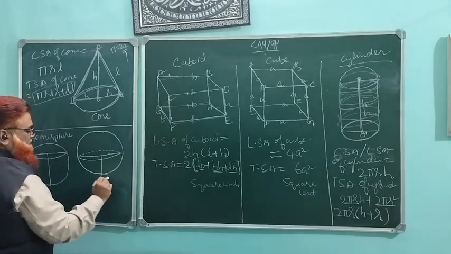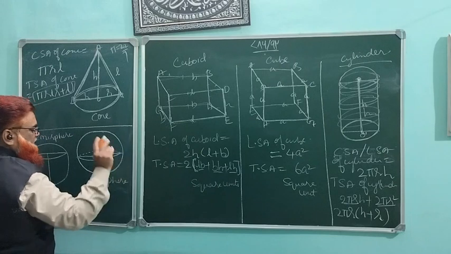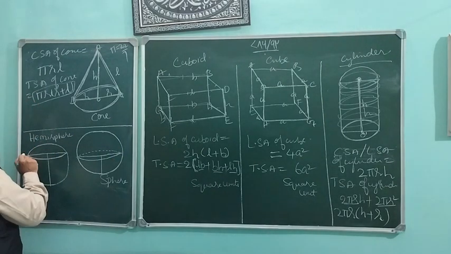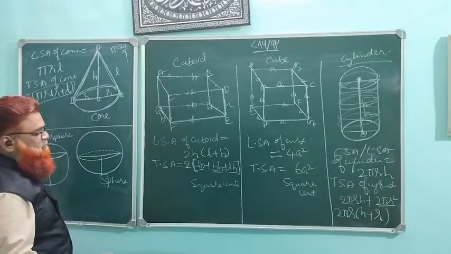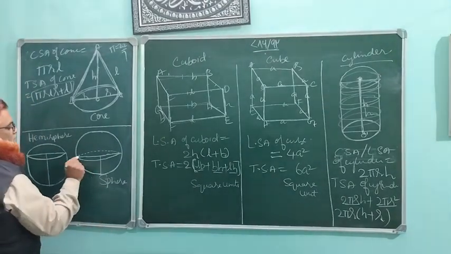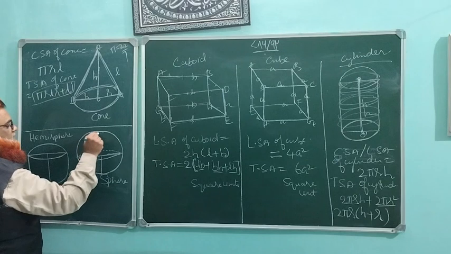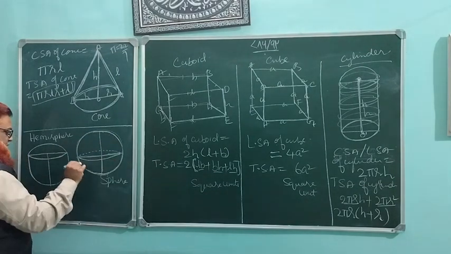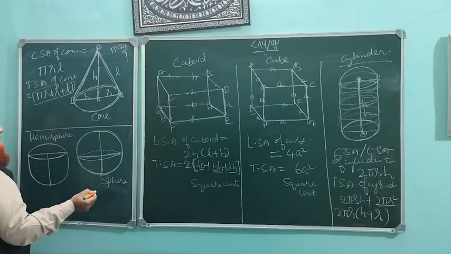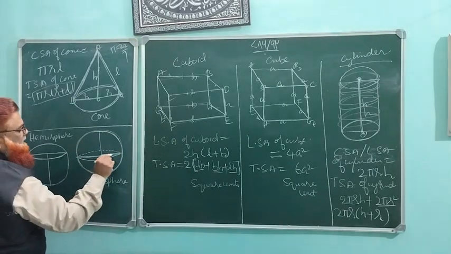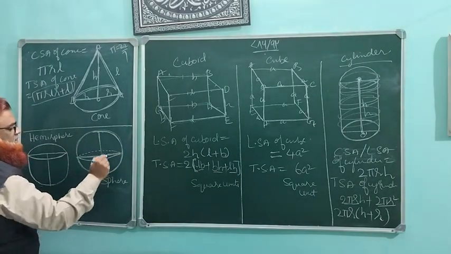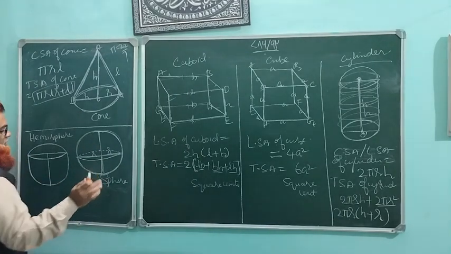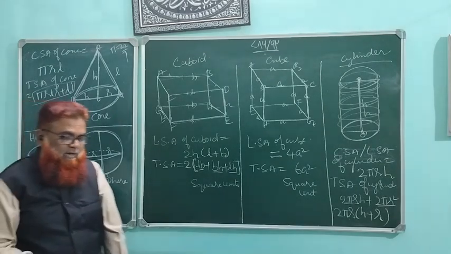Similarly, the sphere. Okay, sphere is very important because the earth is spherical in shape, geoid in shape, ovoid in shape. So what is a sphere? A sphere is a curved figure which is circular in shape and has a diameter as well as a radius.